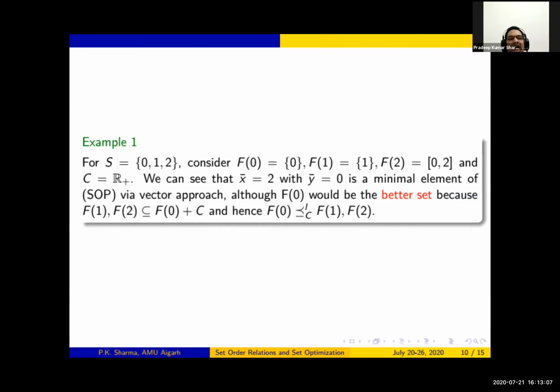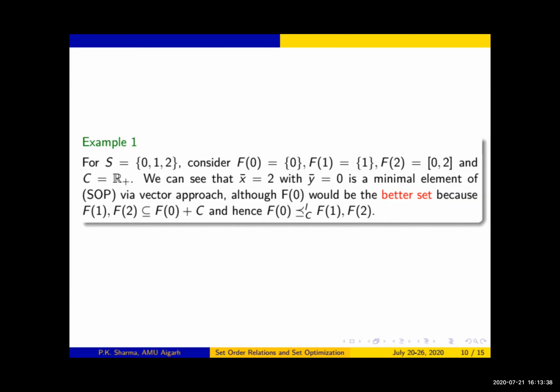If we consider a set S which contains the three elements 0, 1 and 2, and consider the images of the set valued f, f of 0, f of 1 and f of 2, and consider the cone to be the positive orthant in R, then we can see that x bar equals 2 is a minimal solution of the set valued optimization problem by the vector approach, that is by definition 1.